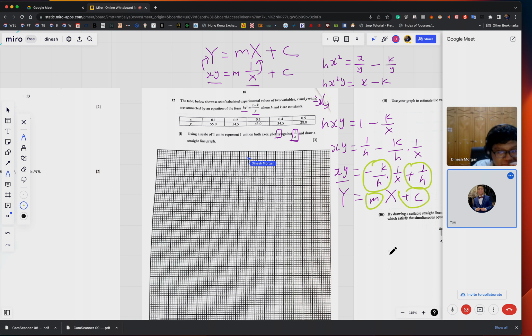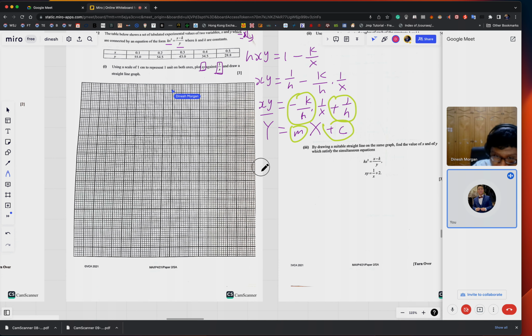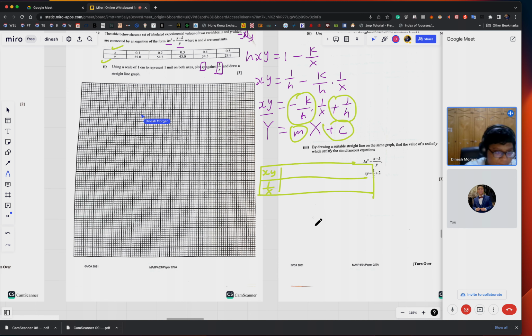Can you see? Once you get this, basically you need to create another table of values. You are given the x and the y, but you don't only need x and y. You need x, y, and then what? 1 over x.